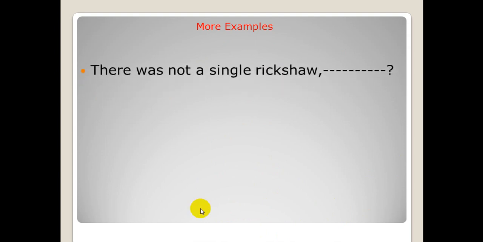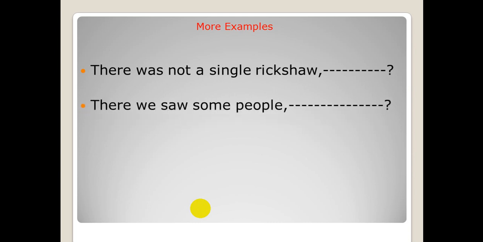Okay, next, more examples. We're going to look at some more examples. There was not a single rickshaw, and there we saw some people. Just look at the first sentence. Is there any helping verb? Yes, of course, this is was.